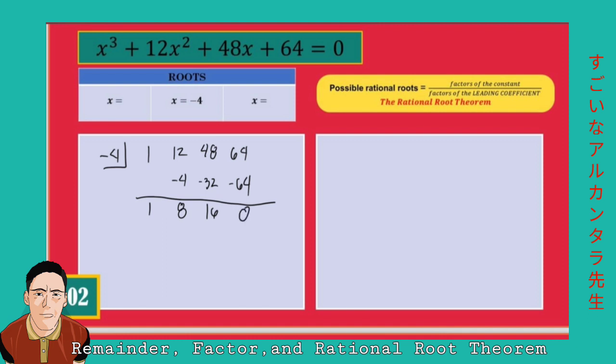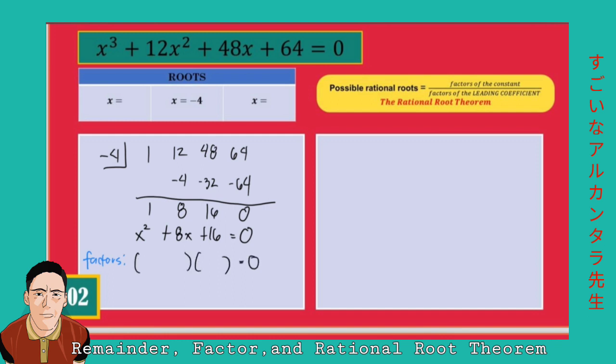And we're still missing 2 roots. So what's the meaning of 1, 8, 16? This is x squared plus 8x plus 16 equal to 0. This is factorable. So we can identify the factors. So the factors, again, binomial, equal to 0.